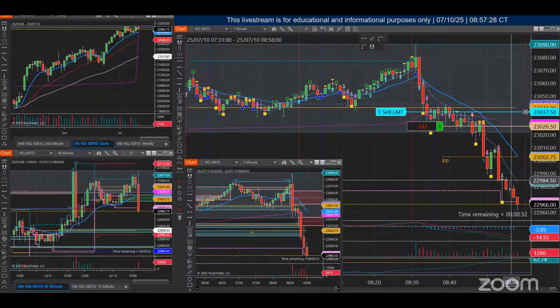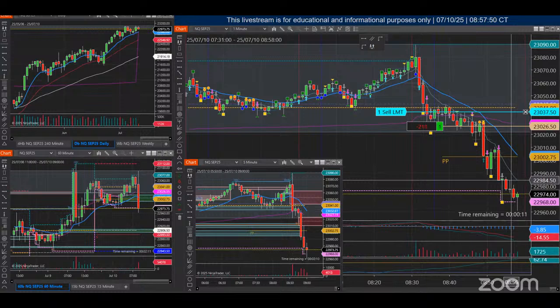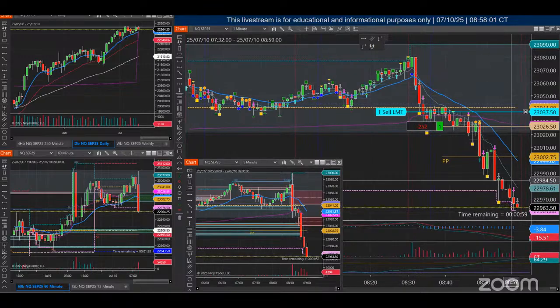So more downtrend continues. And also 9 a.m. is approaching. With that, unless there is a 9 a.m. reversal, this trade is completely gone.